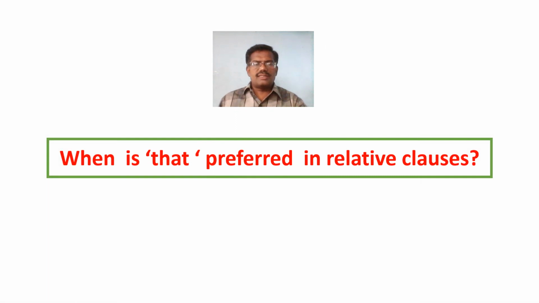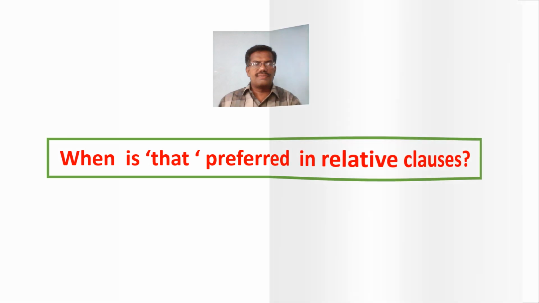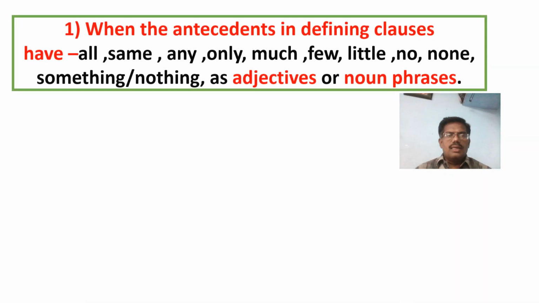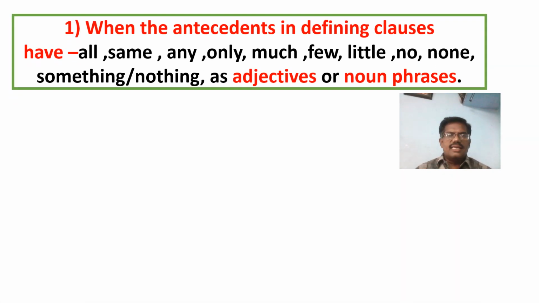Now the question is, when is that preferred in relative clauses? When the antecedents in defining clauses have the words all, same, any, only, much, few, little, no, none, something, nothing, like that, as adjectives or noun phrases, then we can prefer that.